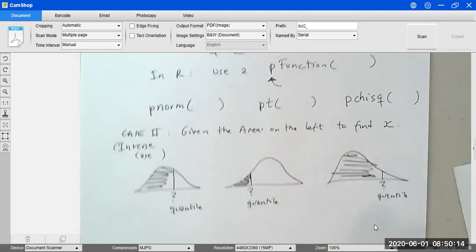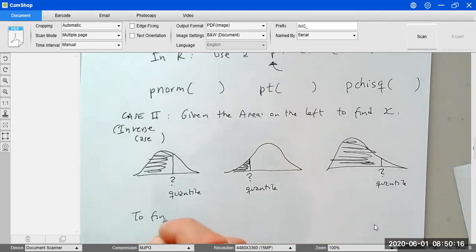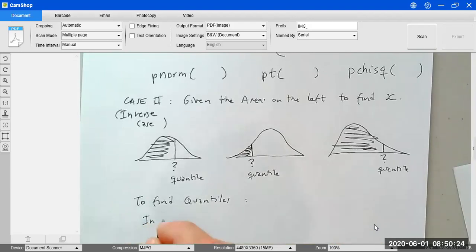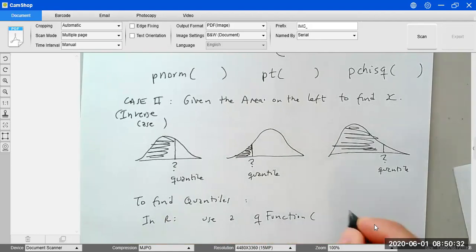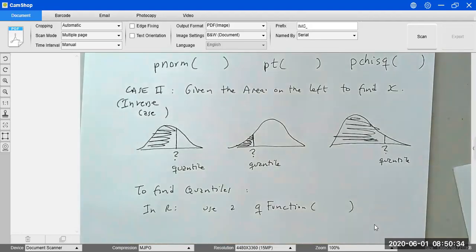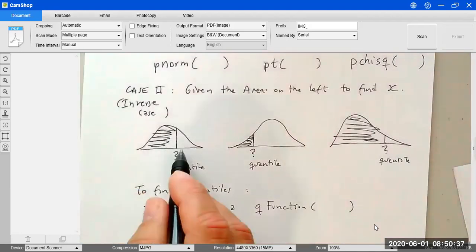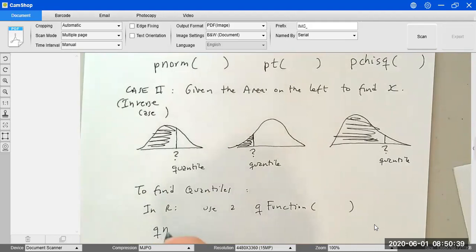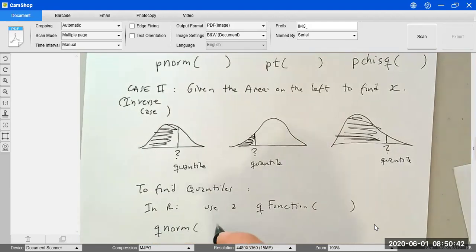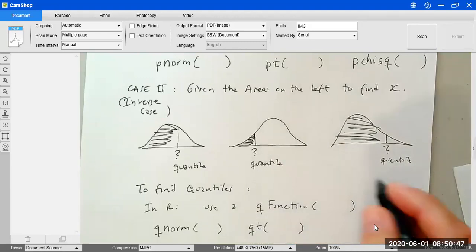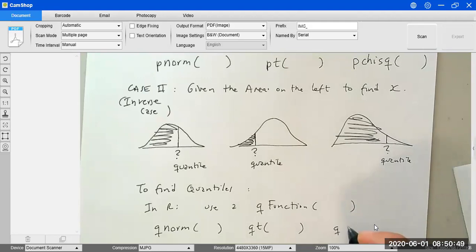To find quantiles, in R, you're going to use a q function. So you are given this area and you find this value, you're going to use qnorm, or you're going to use qt, or you're going to use qchisq.